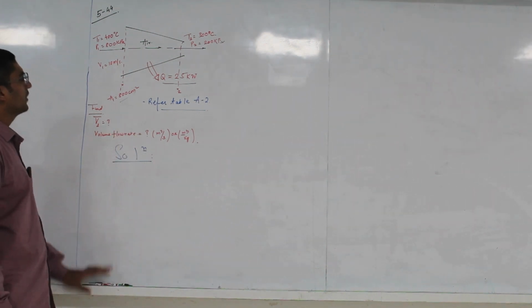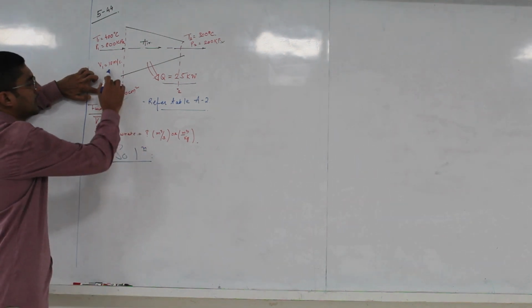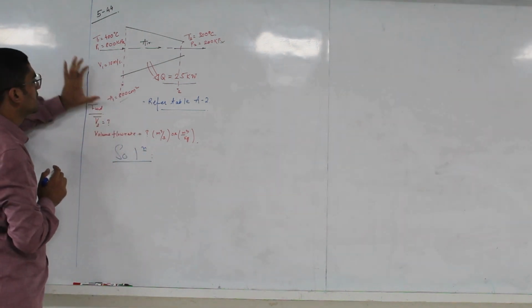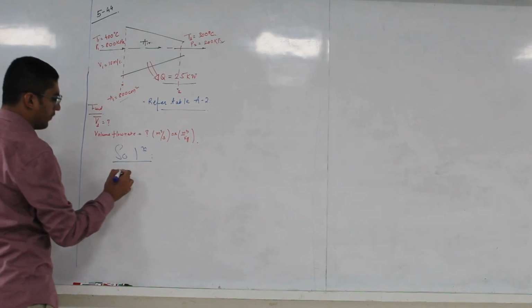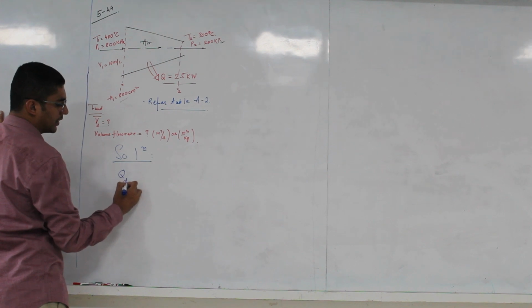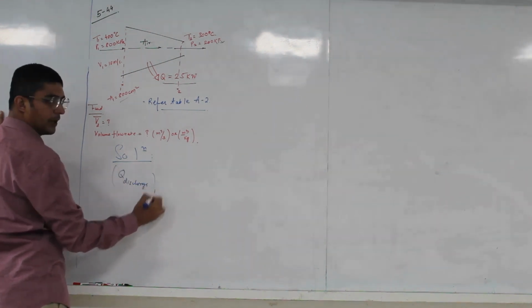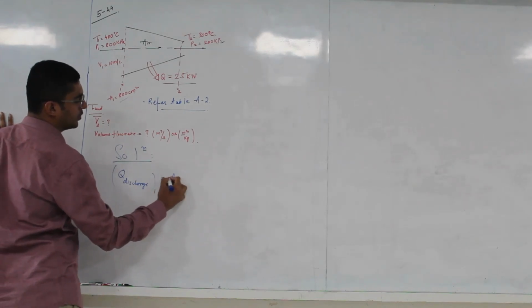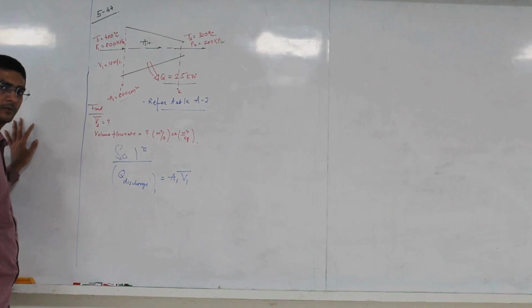Now quickly what we can see is, if the area A1 is known and velocity V1 is known, we can immediately find out the discharge value. If I try to find Q, that is discharge at point number 1, that will be equal to area at point number 1 multiplied by V1 bar.